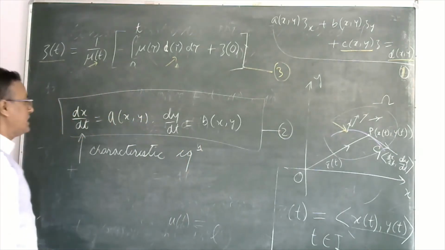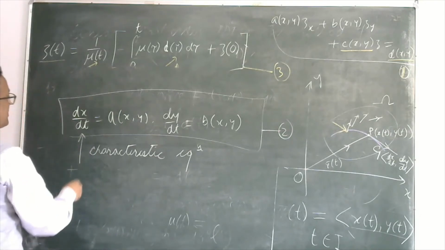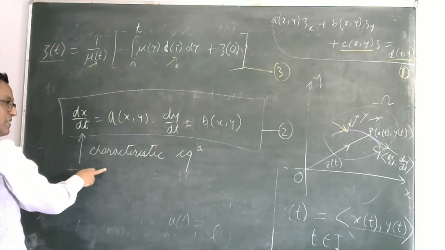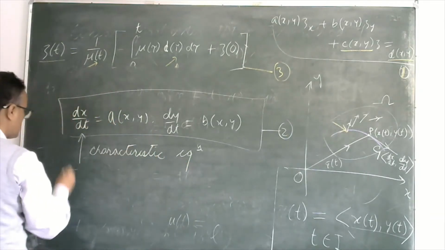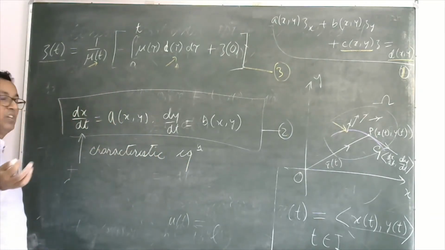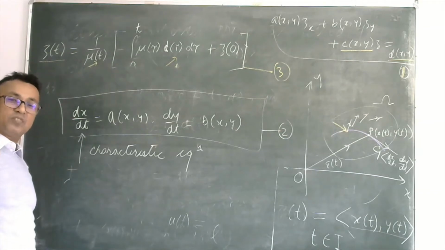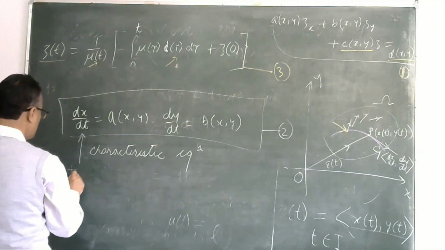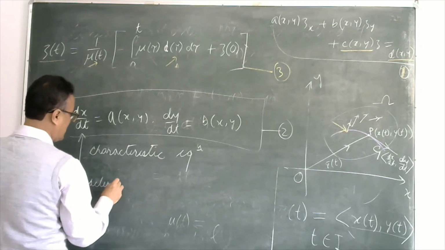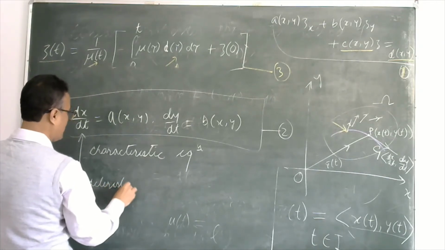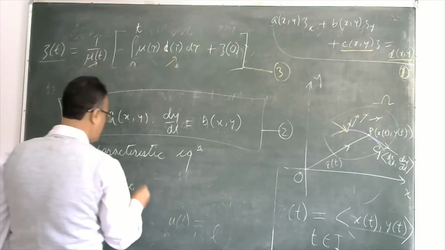And the solution of this characteristic equation is going to give you some curve, isn't it? So it is called the characteristic curve. Let me tell you what is happening.